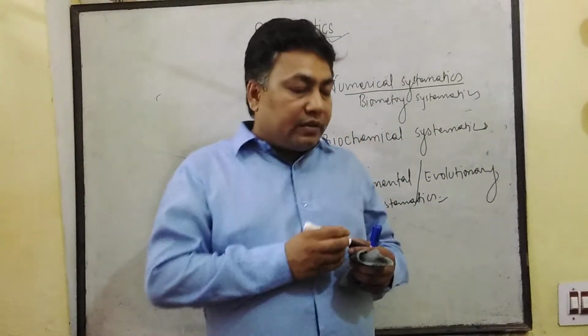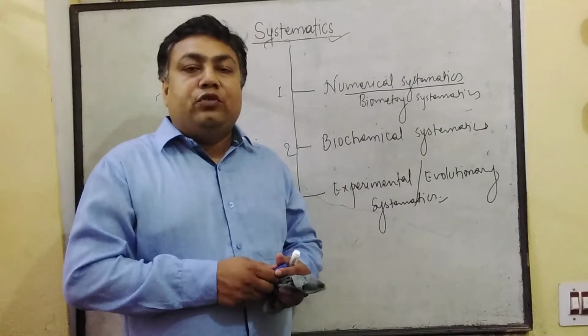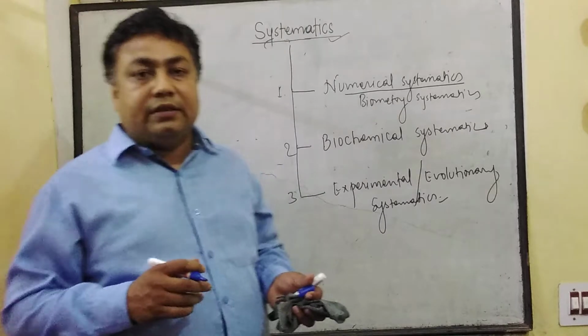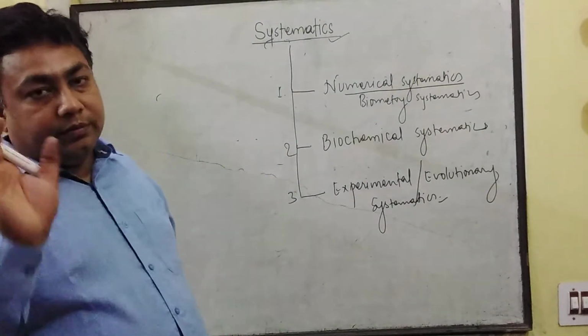Numerical systematics focuses upon plesiomorphous as well as apomorphous characteristics and keeps no distinction among them.